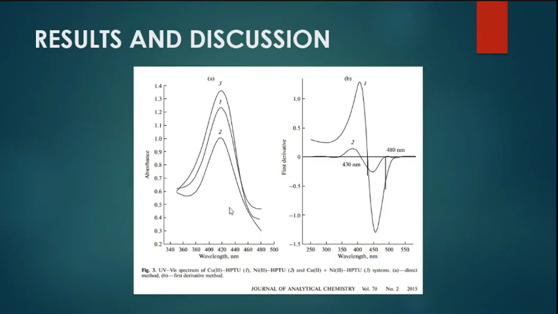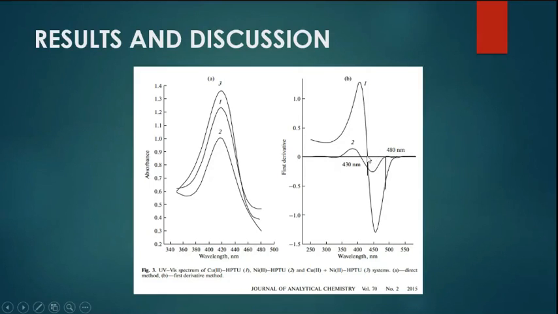But it changes a lot when you do the first derivative. When you do this first derivative, you can see how the sensitivity is going to increase, as she said previously. And so here is a dramatic difference, right? Here you see that curve number one, which is the complex between copper and HPTU, has a very high maximum and a very low minimum, and around the same wavelength where it was the maximum absorption.